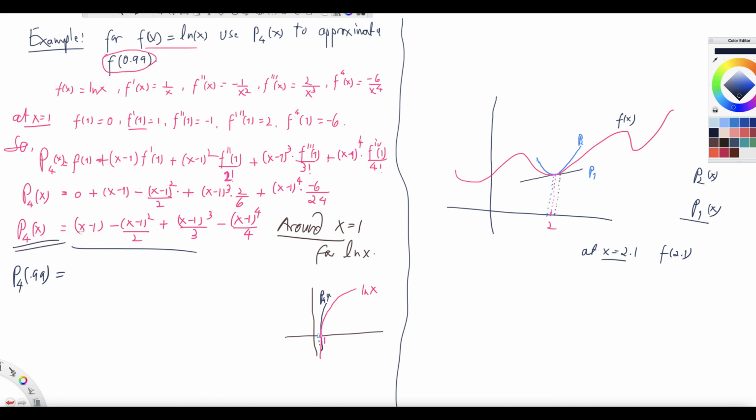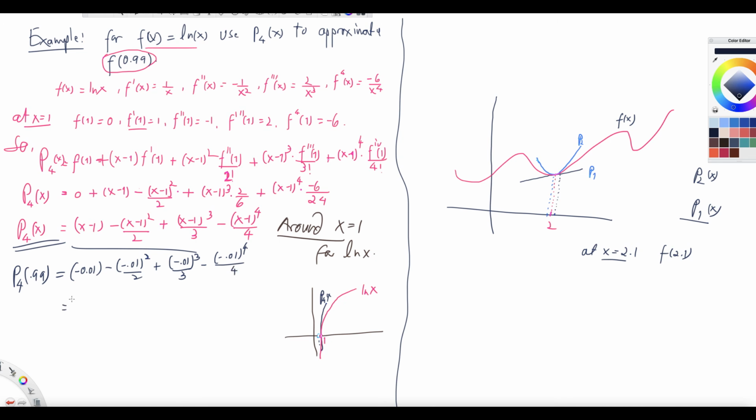You get 0.99 minus 1, which is negative 0.01. Minus negative 0.01 squared divided by 2, plus negative 0.01 cubed over 3, because x is 0.99, and 0.99 minus 1 is negative 0.01. And then minus negative 0.01 to the 4 over 4. Okay, so let us use a calculator for that.